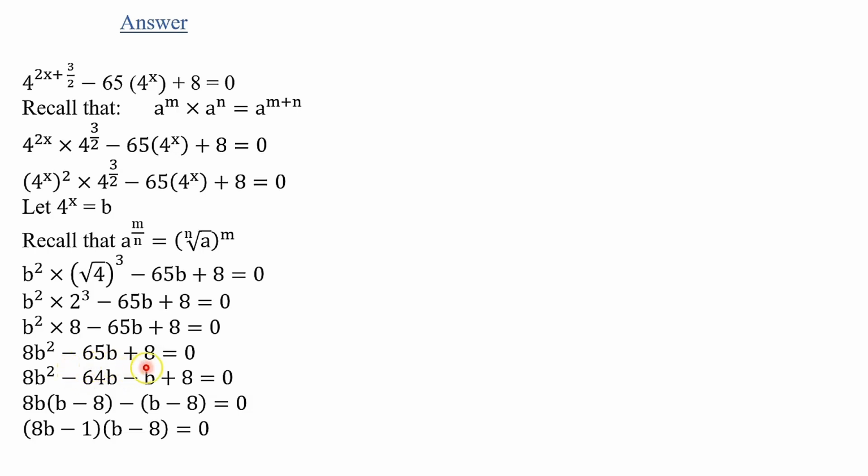However, minus 64b times minus b gives plus 64b squared. So the numbers are minus 64 and what? Minus 1. So you replace minus 65b with minus 64b minus b.